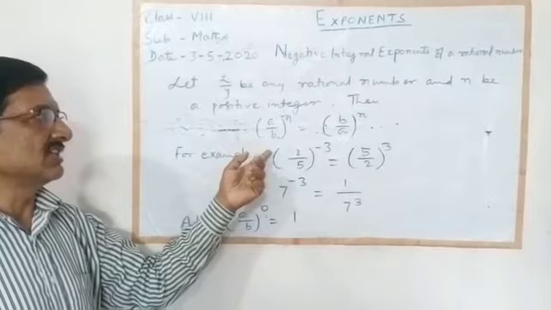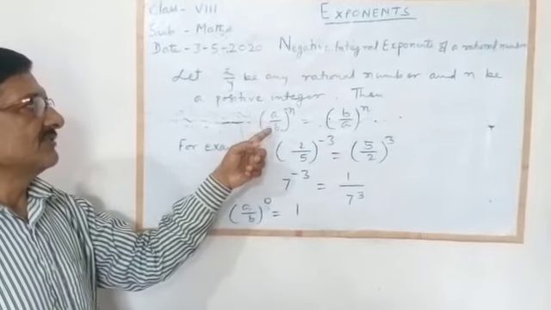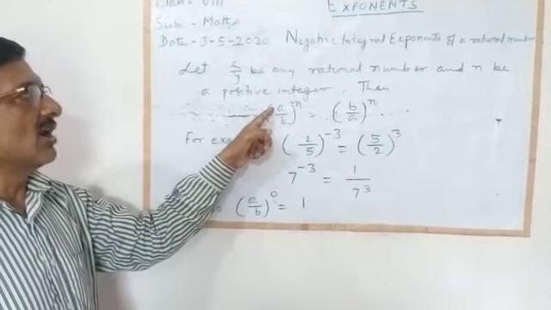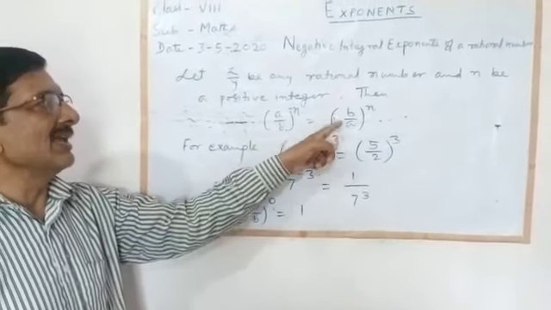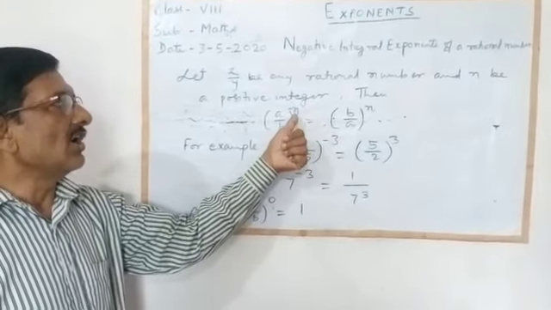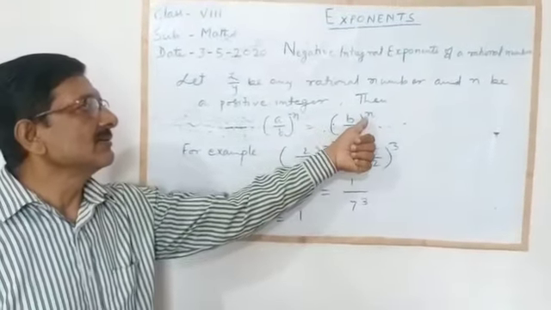Here what we are observing? Here we have just made it reciprocal. Reciprocal of a by b is b by a, and the sign of its exponent will be positive.